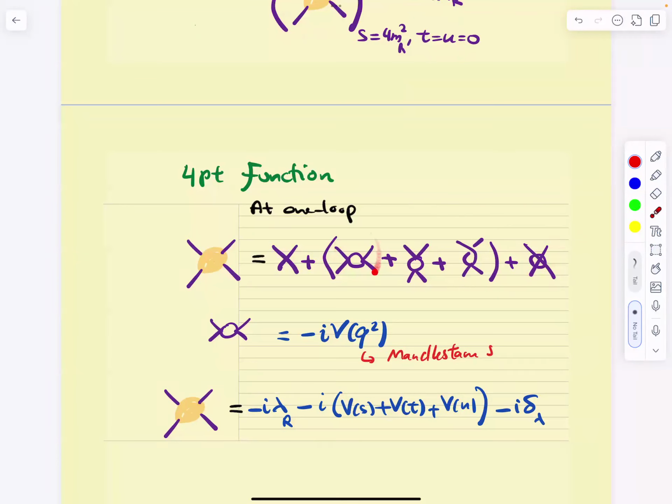Now, if you look at this term, we calculated it in part 1 of the course: it is minus i times some function of q squared.